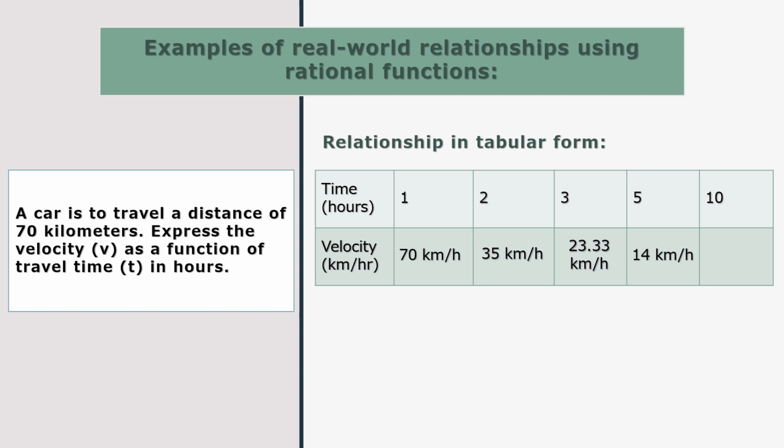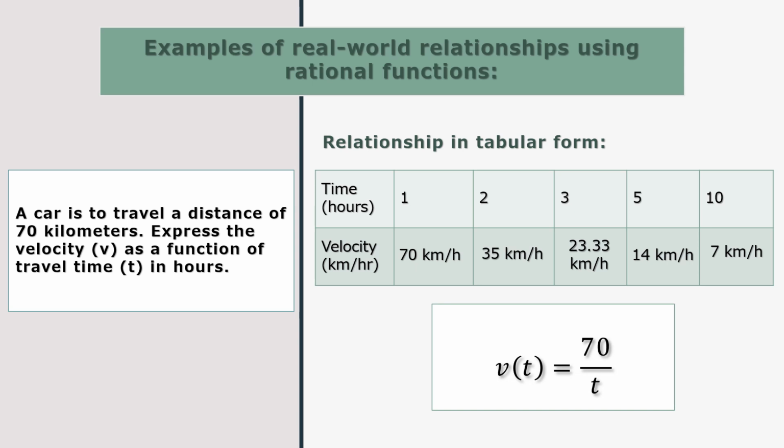And lastly, if the time is 10 hours, the velocity is 7 kilometers per hour. Now, as representation in function, the formula for the velocity, which is expressed with the function v with respect to t, is equal to 70 over t.